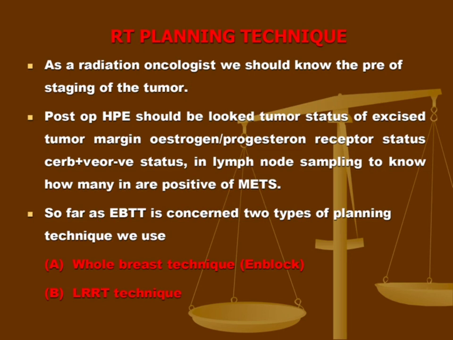But if there is a poor response, change the chemotherapy regimen, go for a receptor status investigation, and after the chemotherapy go for MRM, then RT, maintenance chemotherapy and hormone treatment according to receptor status, and follow up the patient.